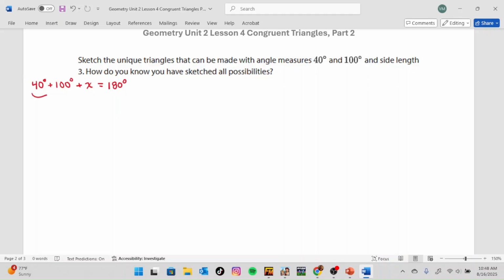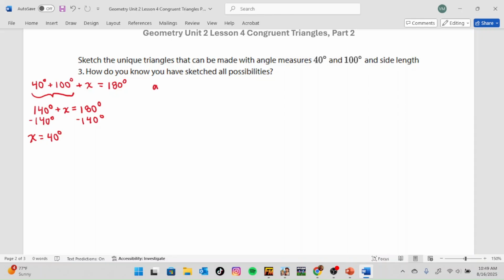So we're going to add the two angles together that we know. That's going to be 140 degrees. Now if we subtract 140 degrees from both sides, that tells us the missing angle must be 40 degrees.